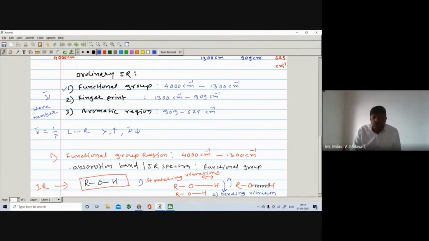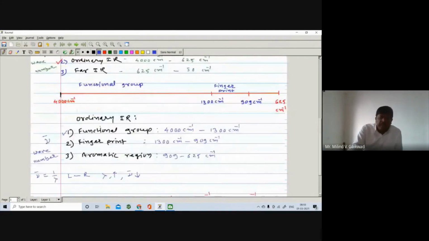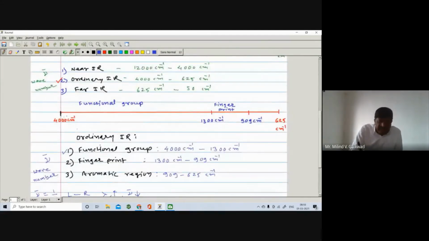Stretching vibrations generally appear towards the left side because they have higher energy, and bending vibrations appear at the right side. So functional groups generally appear due to stretching vibration towards the left side.